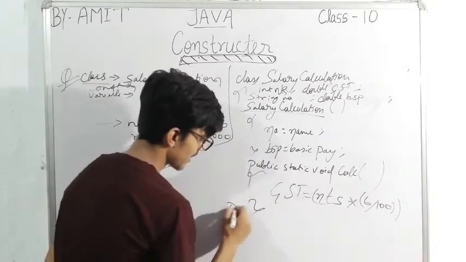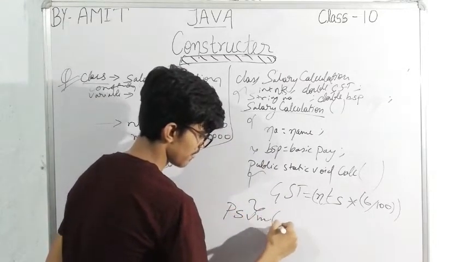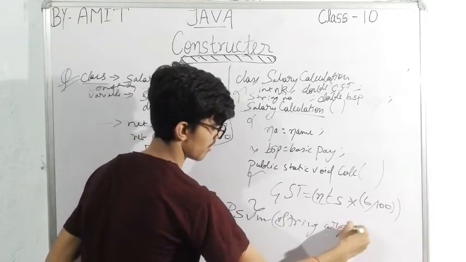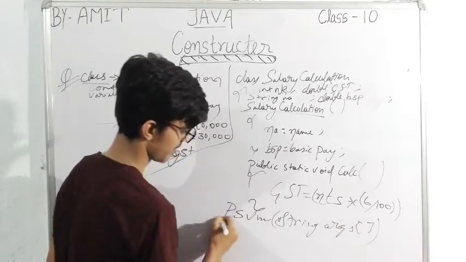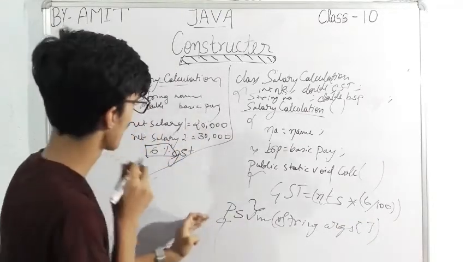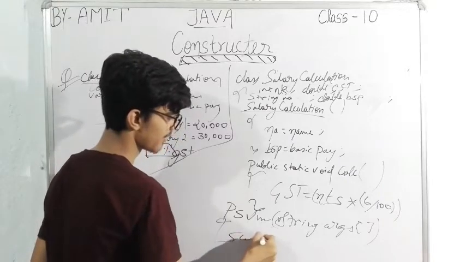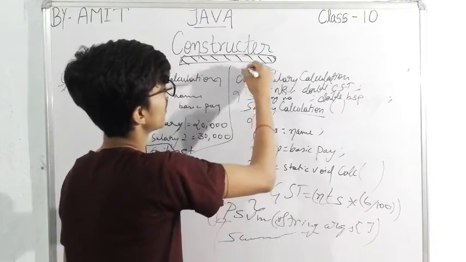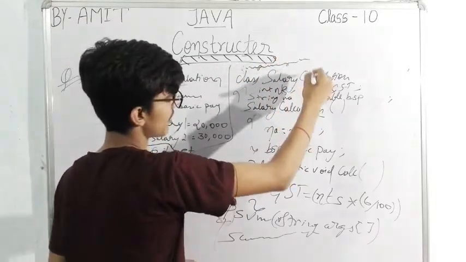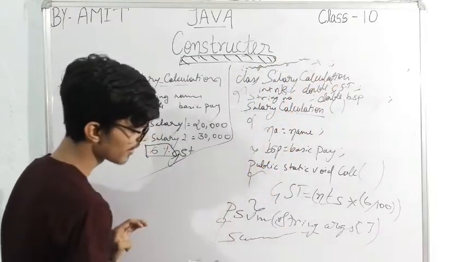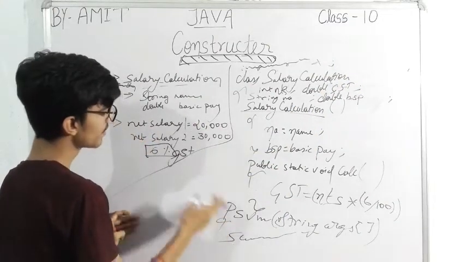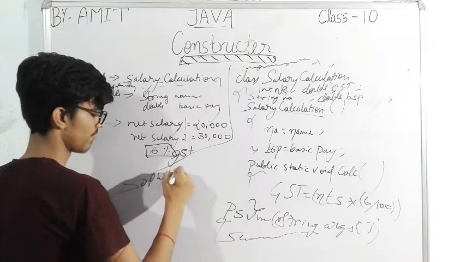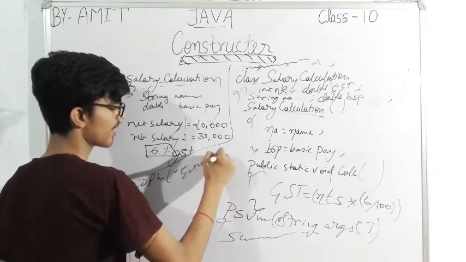So we'll write the public static void main function, String args. We'll take a scanner, sc is equal to new Scanner(System.in). We know how we take user input. Here we write import java.util.*. After this, we'll write sopln, enter a number.